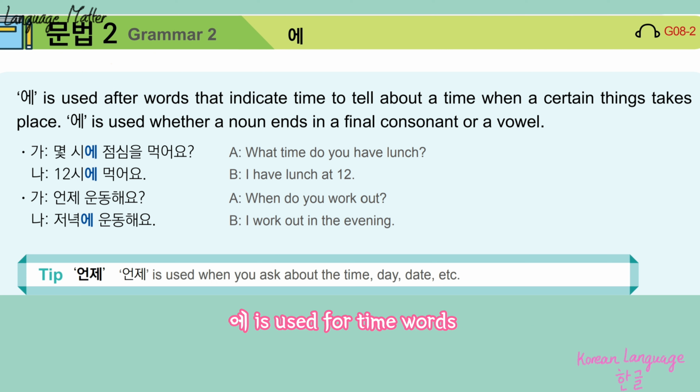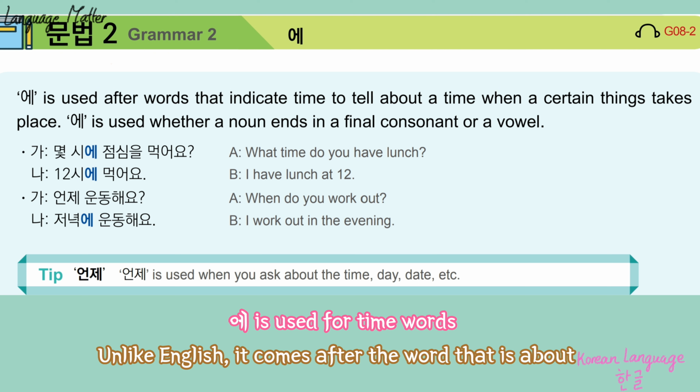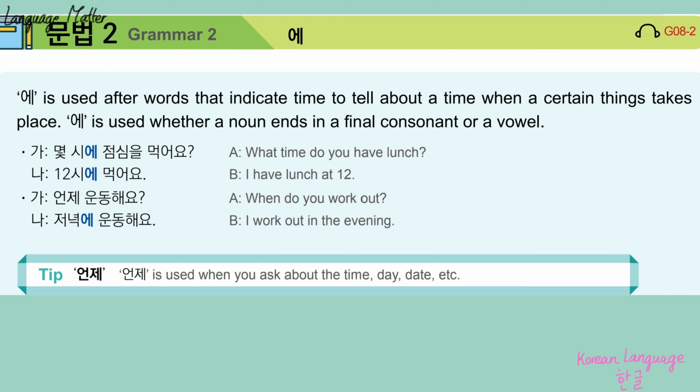The preposition 에 is used for time words, and it's pronounced e. Unlike English, it comes after the word that it's about, and it fits right onto the end of the word, without a space in between. For example, in English, we say at 12 o'clock.